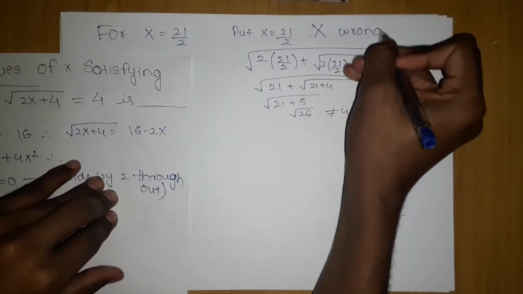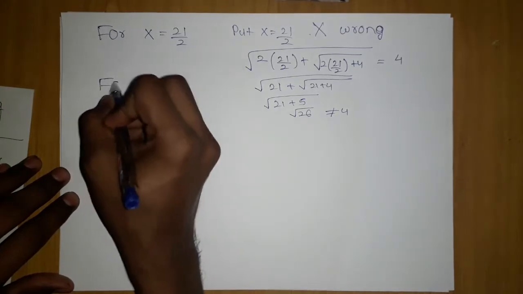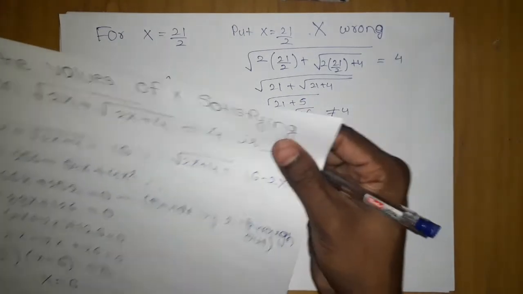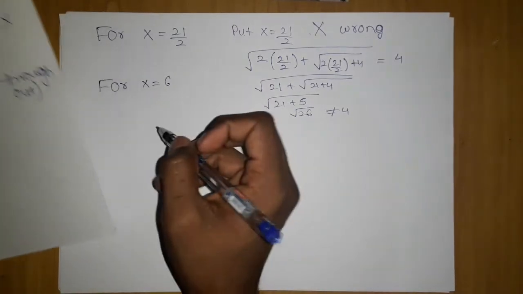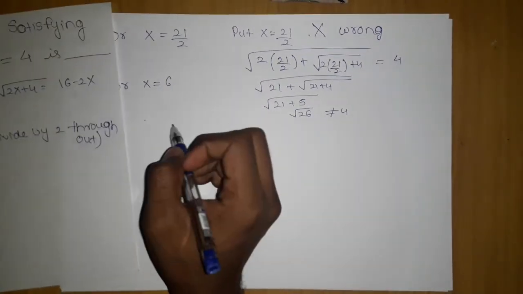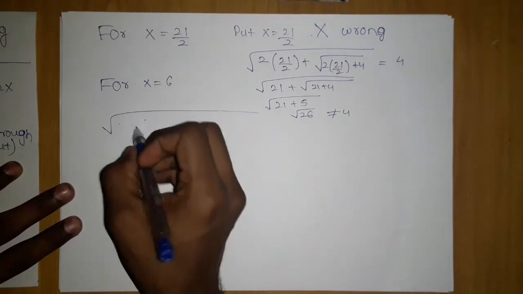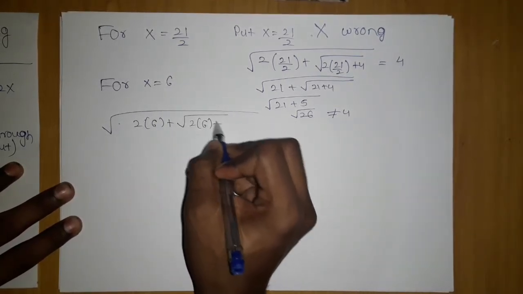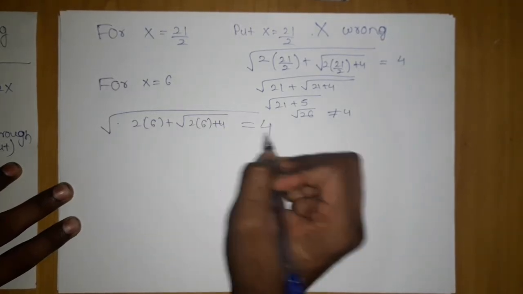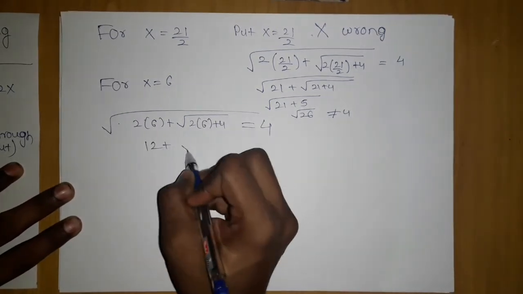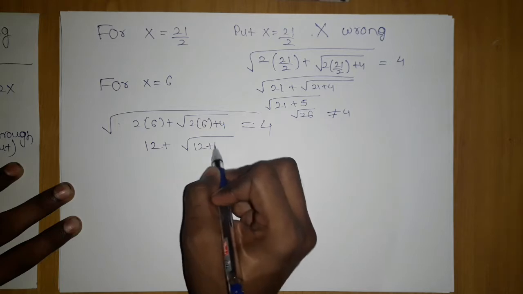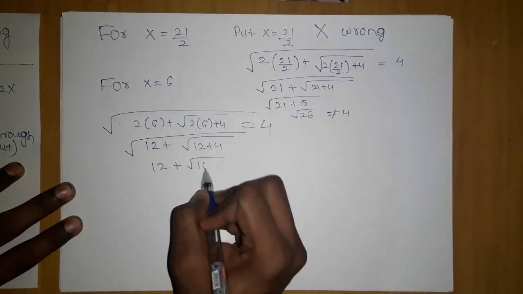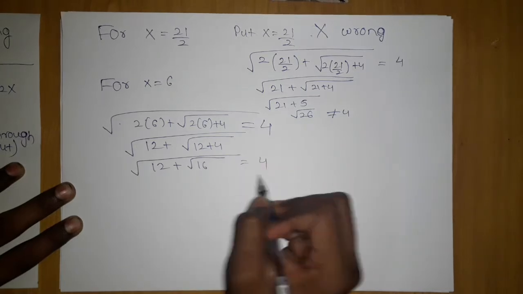Now let's check for x equals 6. Let's see what we are getting when we put x equals 6. 2 into 6 plus under root 2 into 6 plus 4, this should be equal to 4, right? 12 plus under root 12 plus 4, the whole under root, this is 12 plus under root 16, the whole under root should be equal to 4.